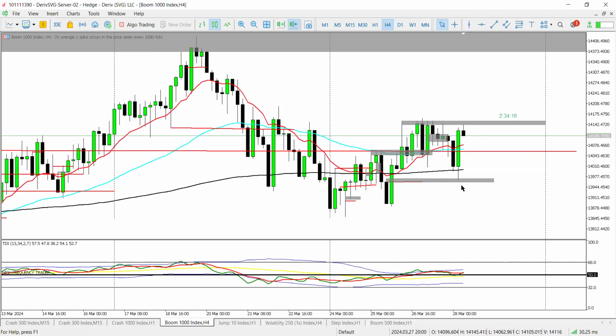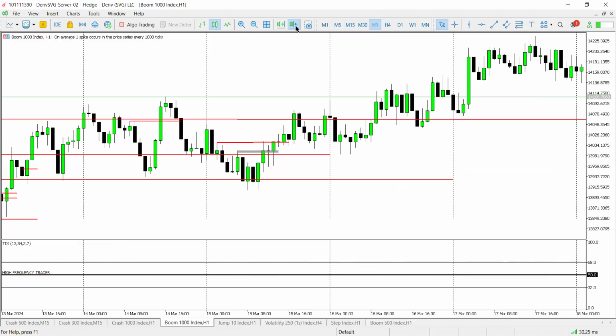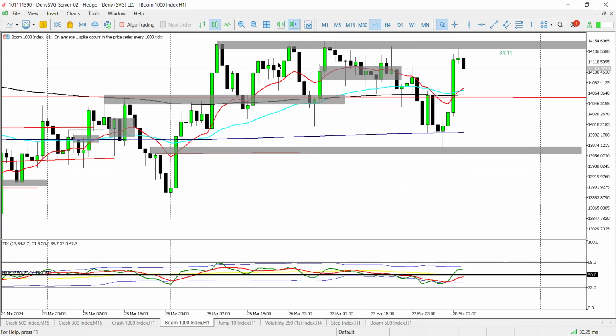Yep, I think there was a sniper buy earlier there, so that would have given us the bias to actually take the buys in the morning, because we had tapped into this particular zone, this support zone, and a nice rejection here as well. A buy here would have been fine.